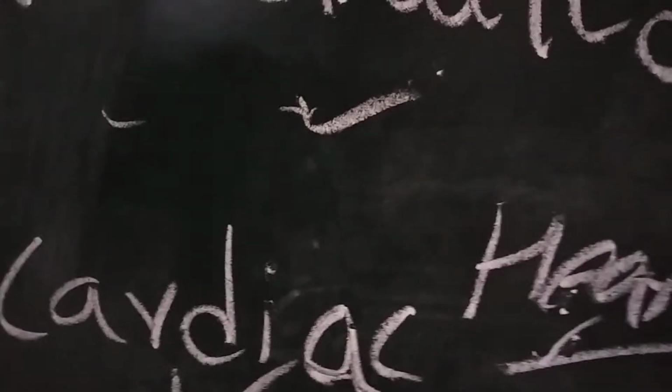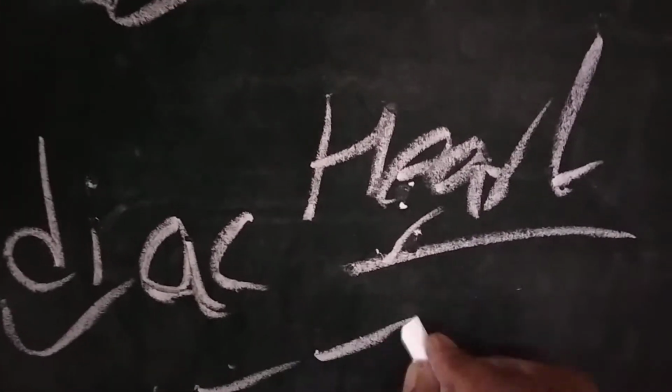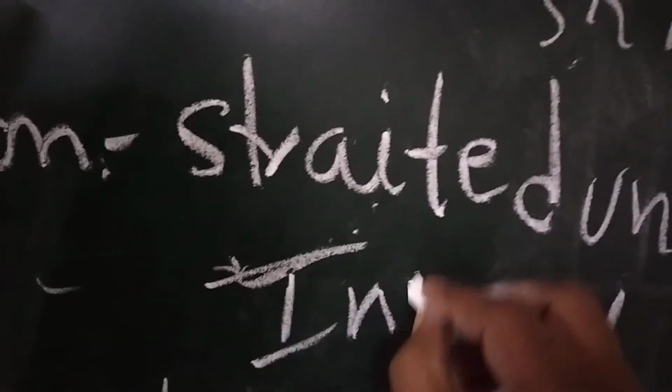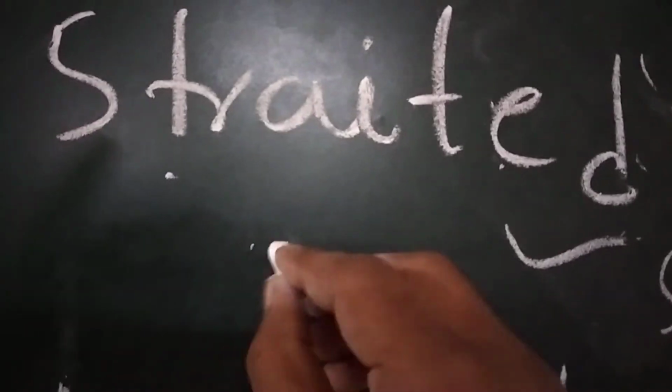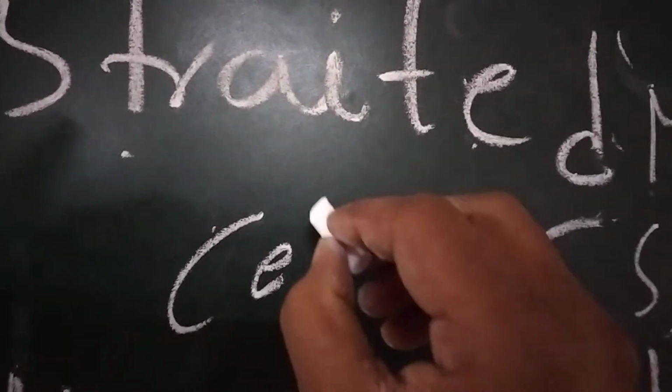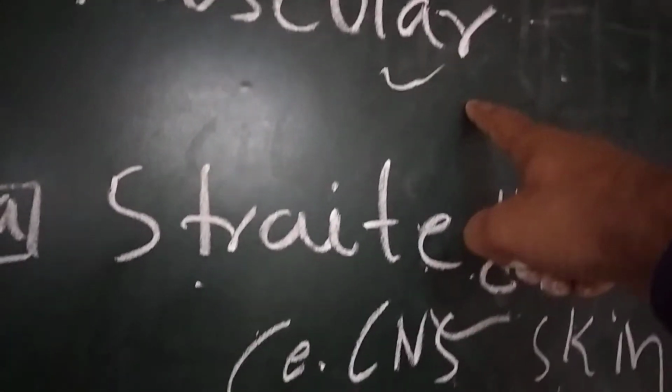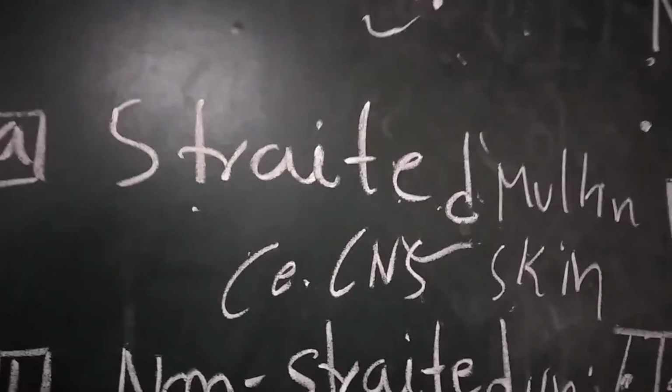And then cardiac, it does involuntary action, meaning we cannot control the action of cardiac tissue. Non-striated also comes under involuntary, meaning we cannot control. And then striated, it is controlled by the central nervous system. I can write CNS, central nervous system, meaning striated muscular tissue helps in voluntary action.